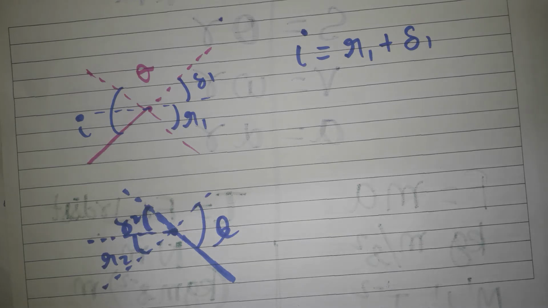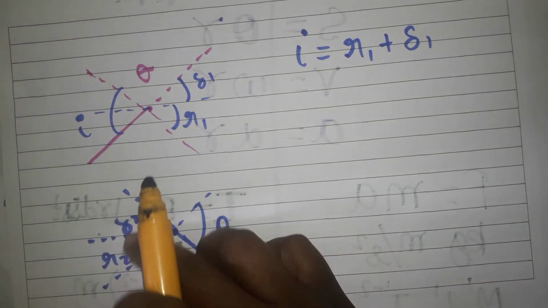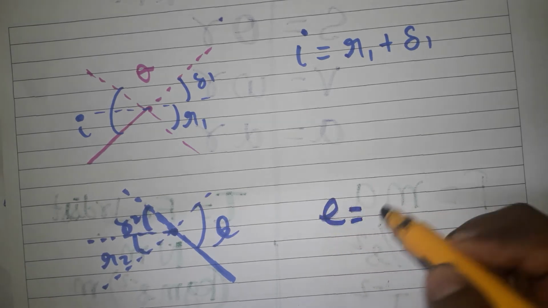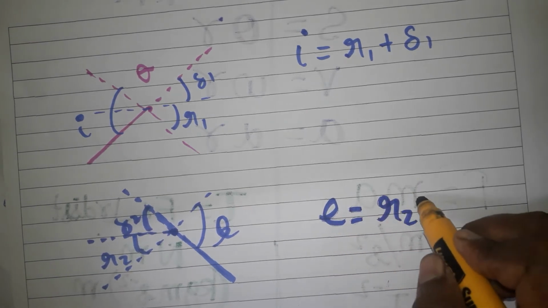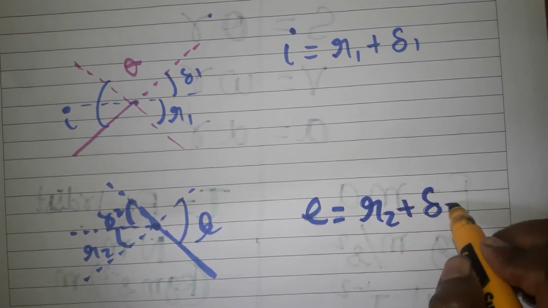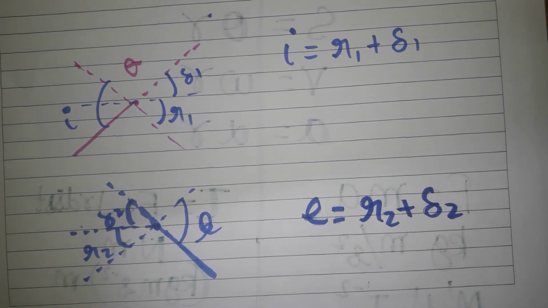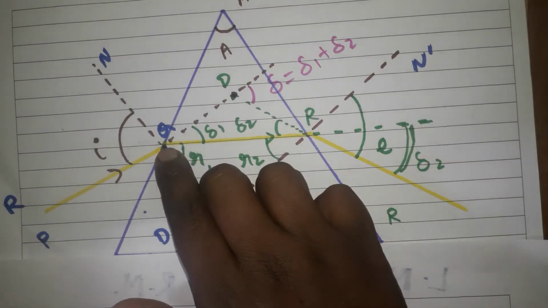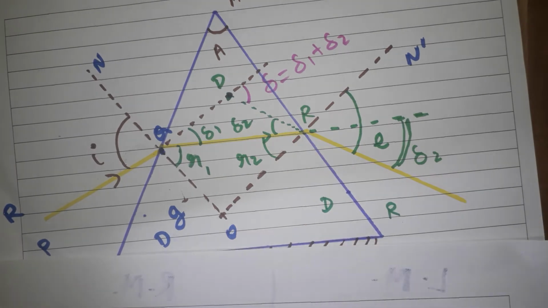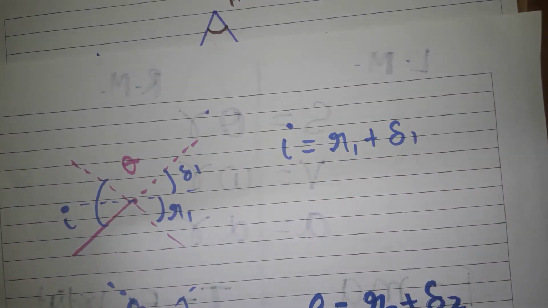This is a very simple derivation only. It looks big but actually it is very simple. So emergent is equal to refracted 2 plus deviation 2. We got two equations, one from Q and another from R.